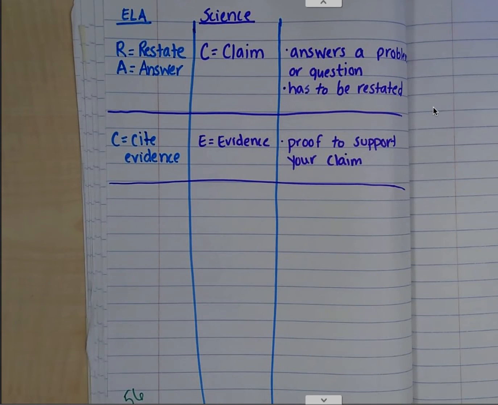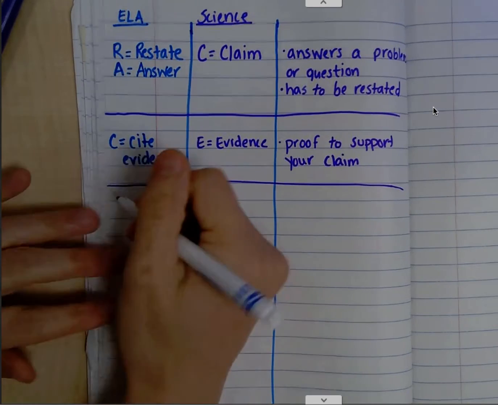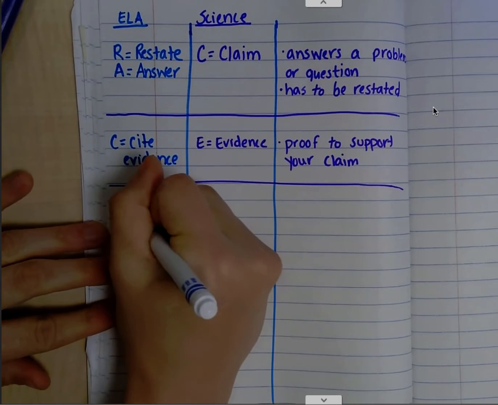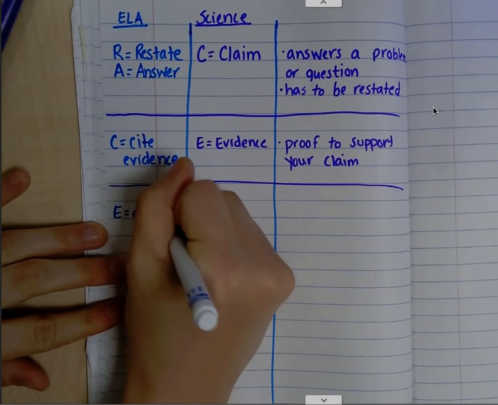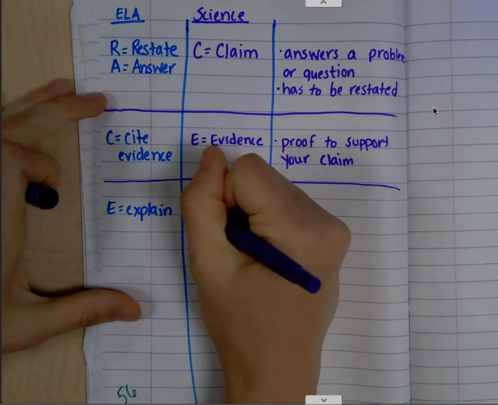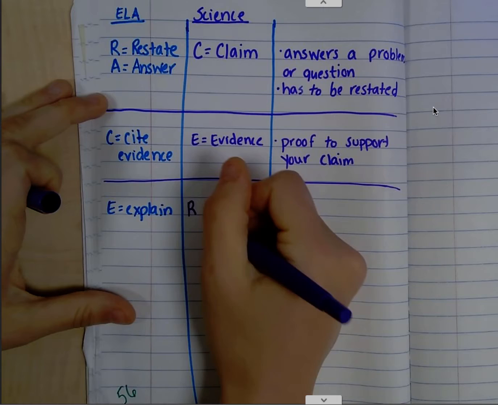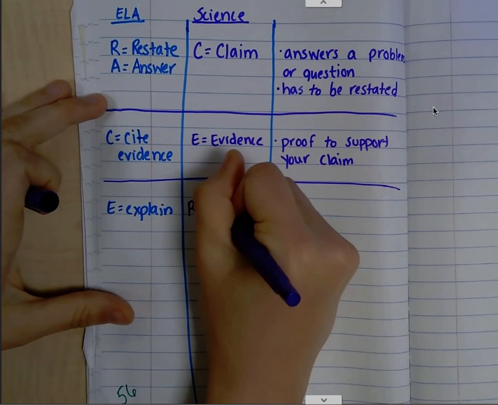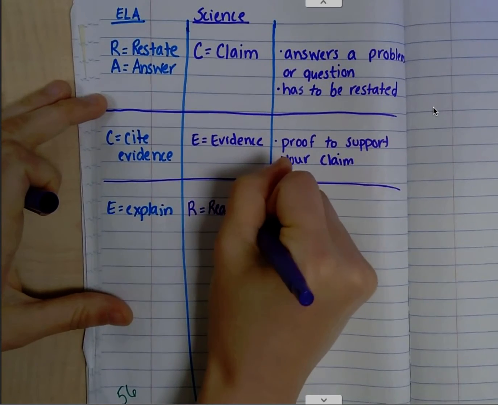And then the E in ELA stands for explain. So explain what your thoughts are on it, why you think that. But in science, we just call that reasoning. So claim, evidence, reasoning. So the R stands for reasoning.